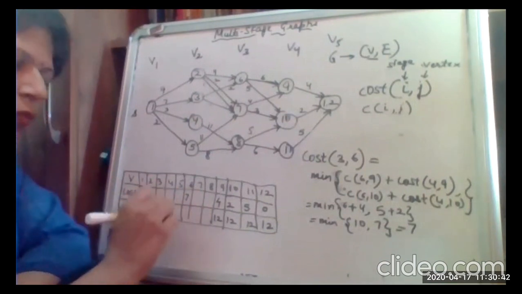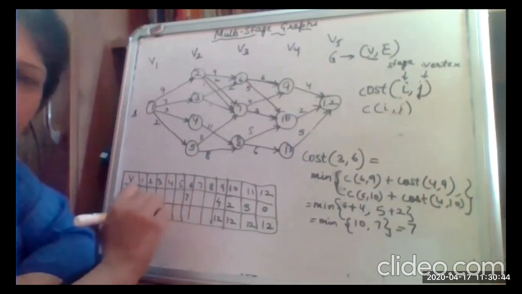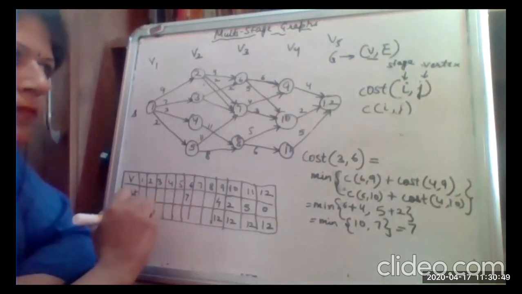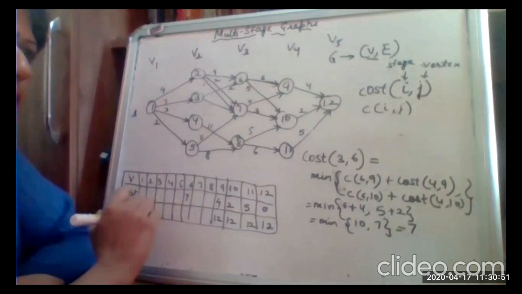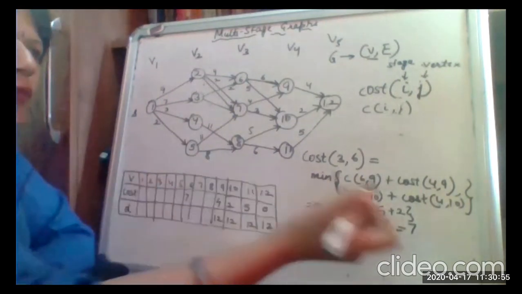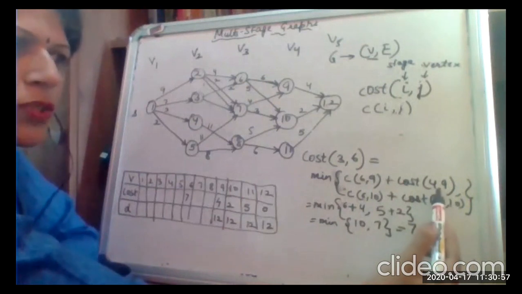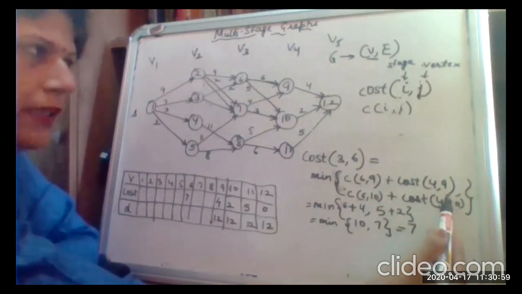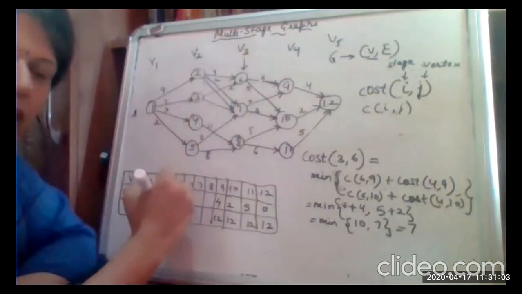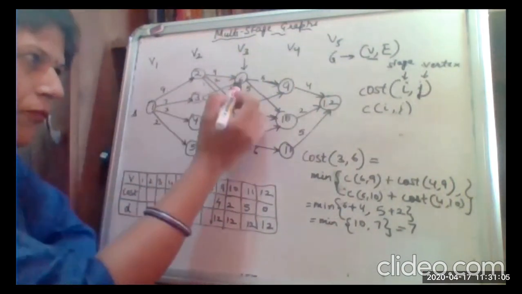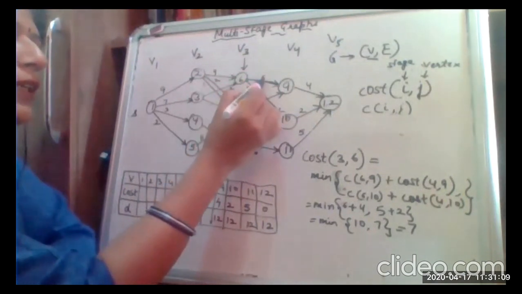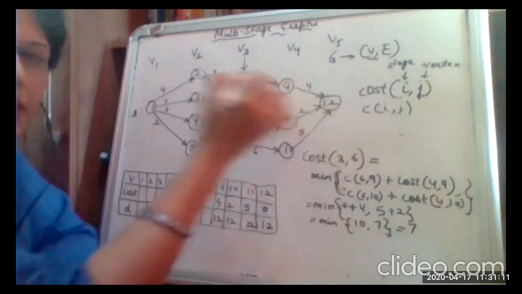And this is because of which particular vertex? Okay. So I think one of you has a doubt whether it is cost of 4,9 or 3,9. Yes. So what we are saying is we are at stage 3. So at stage 3, at this point, these are the two paths we are considering.